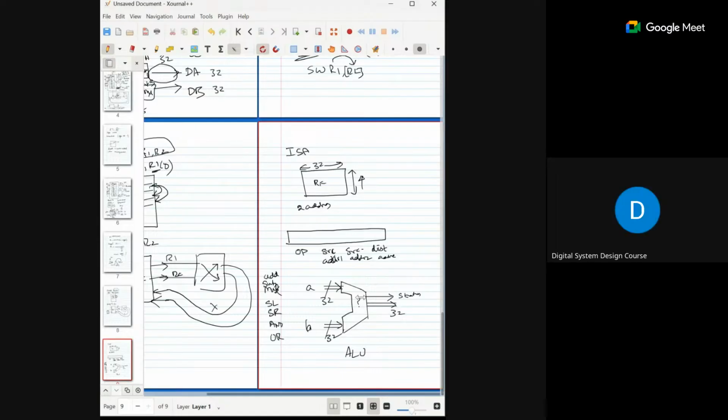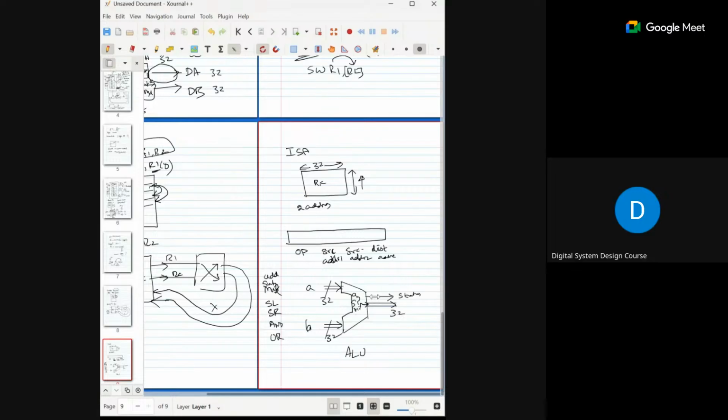Based on the selected operation, I get the selected result. So I have the added result, subtracted result, multiplied result, all of them. But based on the operation, if it is multiply, I get the output from this and connect it here. Otherwise, I get the respective part.